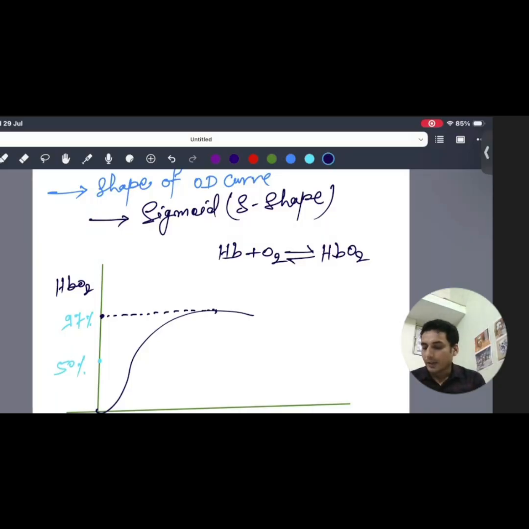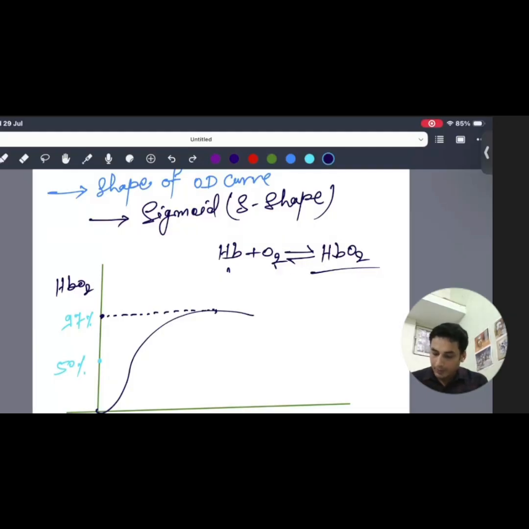Then oxyhemoglobin breaks and forms hemoglobin plus oxygen. It is a reversible reaction, meaning a changeable, both-sided reaction. The sign of this is the equilibrium sign.